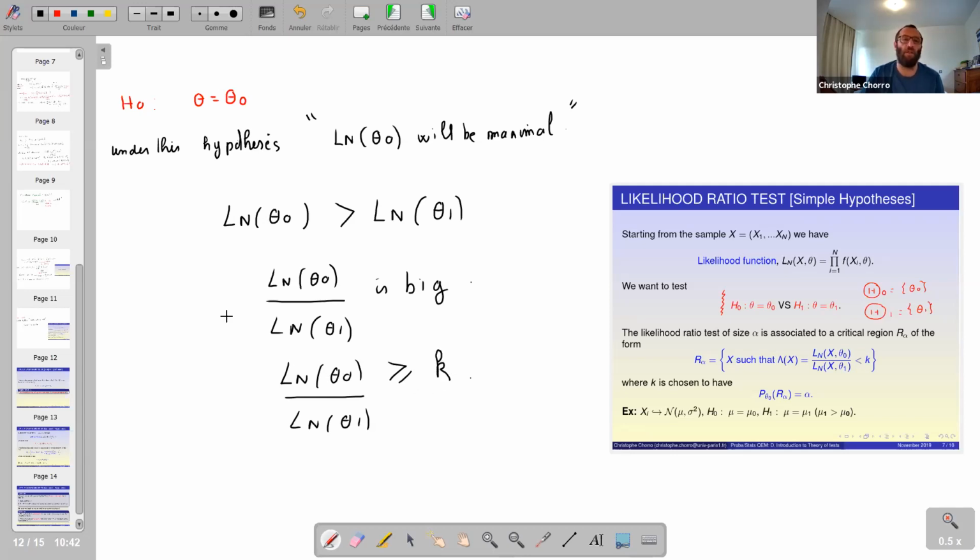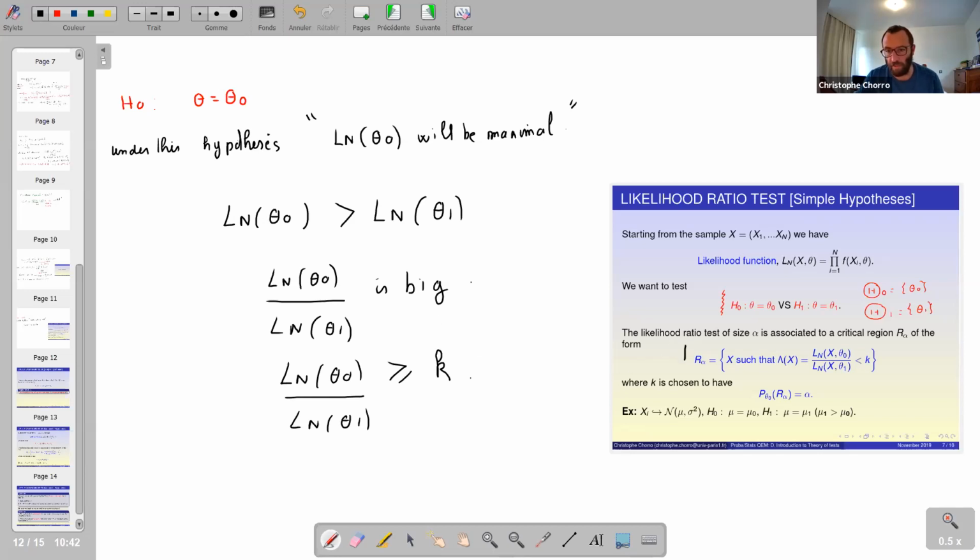So under my hypothesis of interest, that is the null hypothesis, this ratio is big. So how to build a rejection region or a critical region?